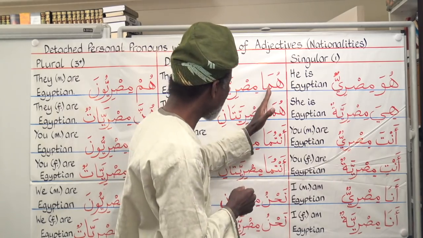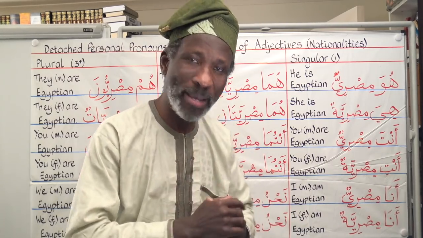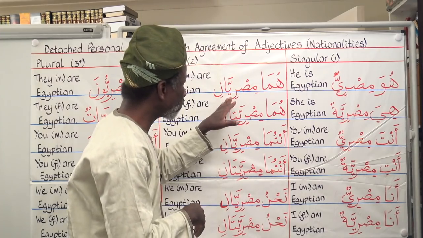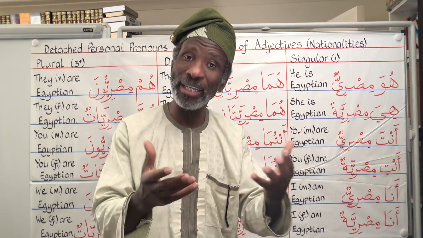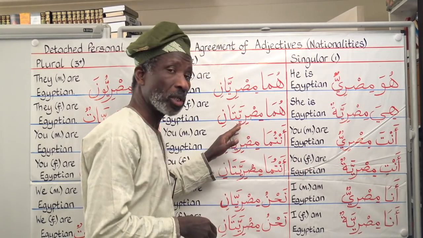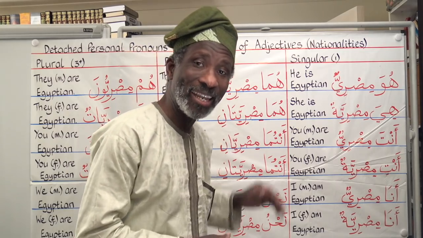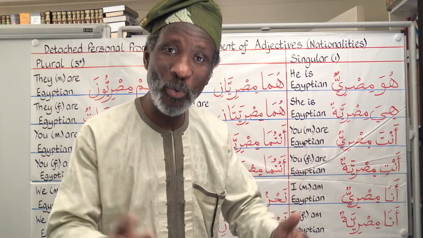We're using huma for two men and huma for two women. So huma مصريان. They are two Egyptian men. هما مصريتان. They are two Egyptian women.